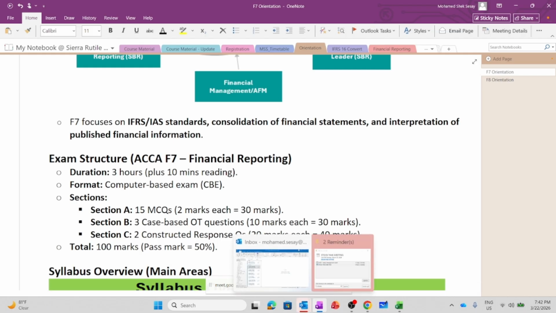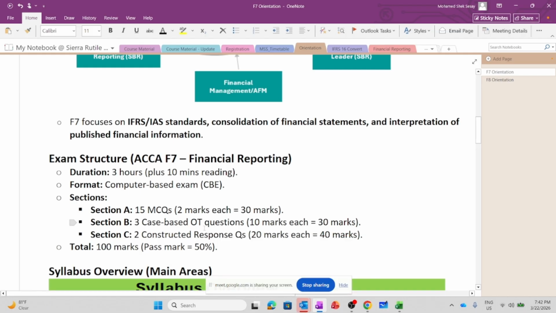Now we have three sections for financial reporting. We have section A, which is multiple choice questions, 2 marks each, a component of 15 questions from section A. So the total marks for section A will be 30 marks. For section B, we have three case-based objective test questions.